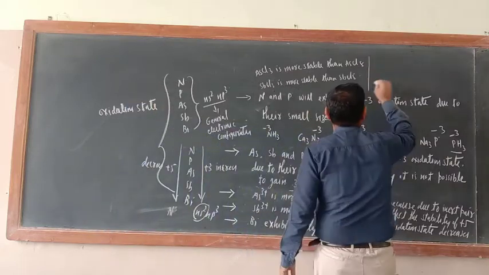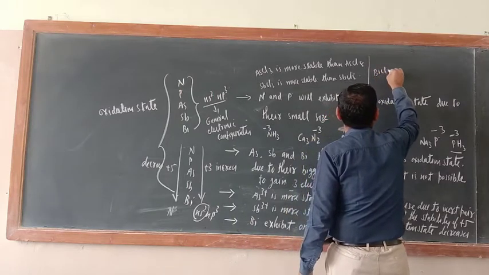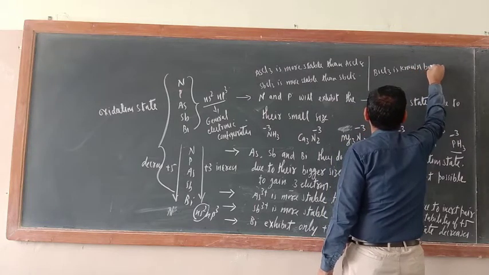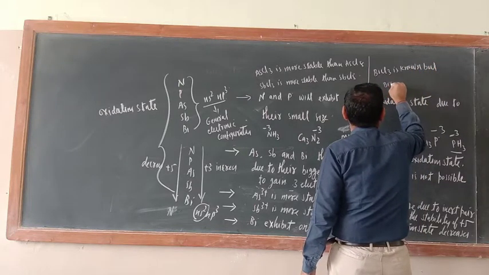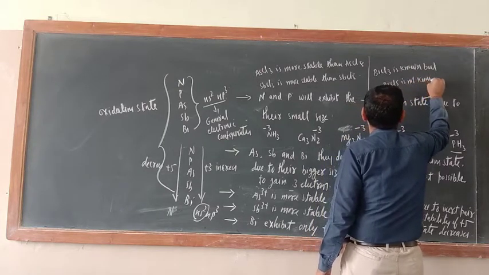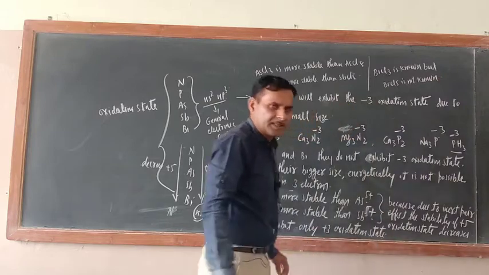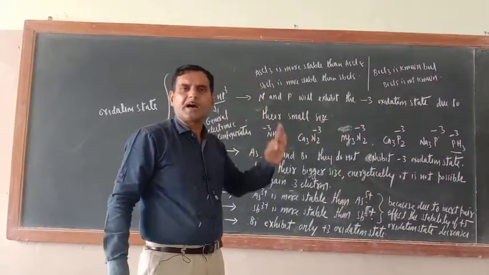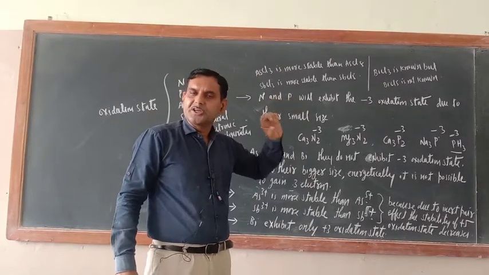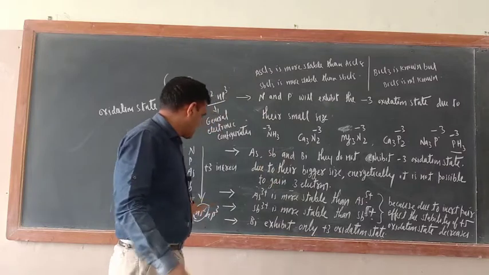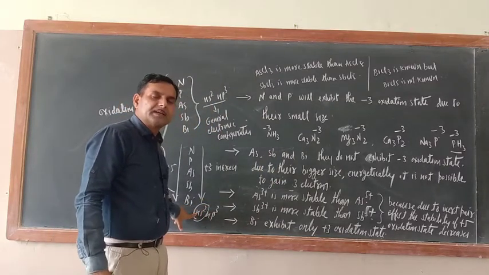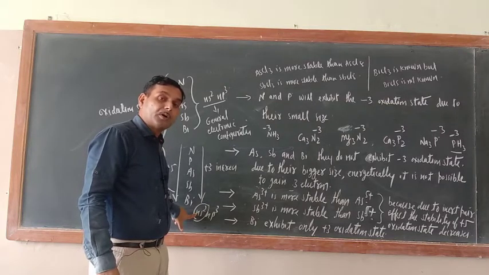Here they may ask this question: BiCl3 is known, but BiCl5 is not known. Explain. So just try to understand how you will write the answer. Bismuth is the last member of the 15th group. Its atomic size is very large. Due to large atomic size, its s orbital electrons, due to inert pair effect, will not take part in bond formation.